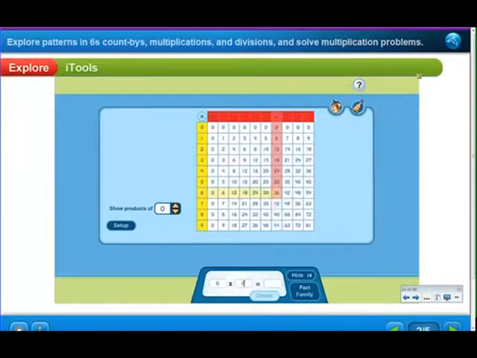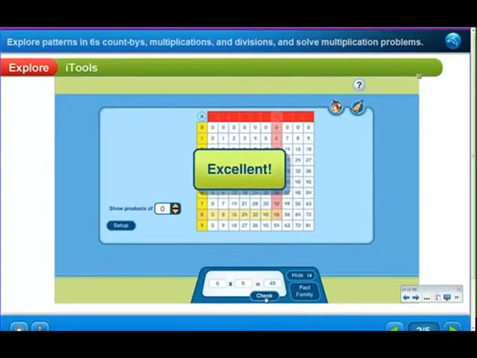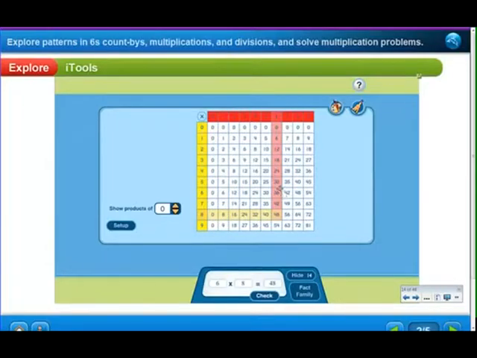But we don't know 6 times 6, 6 times 7, 6 times 8. Those 3 numbers we're not familiar with. My suggestion this week is to memorize those 3 numbers. 6 times 6 equals 36, 6 times 7 is 42, and 6 times 8 is 48. Check our answer. Practice memorizing 6 times 6, 6 times 7, and 6 times 8.